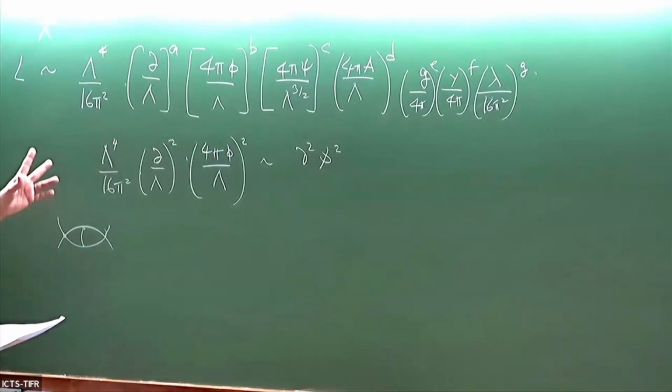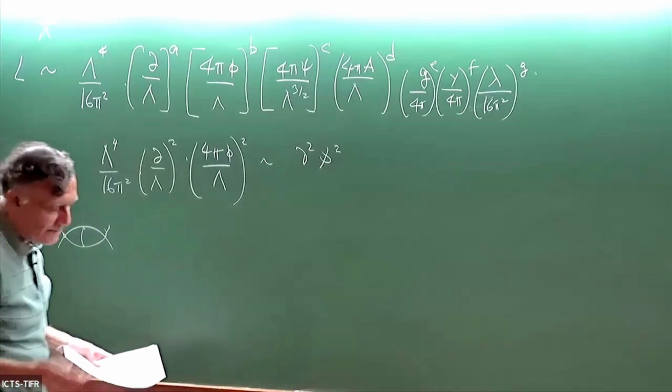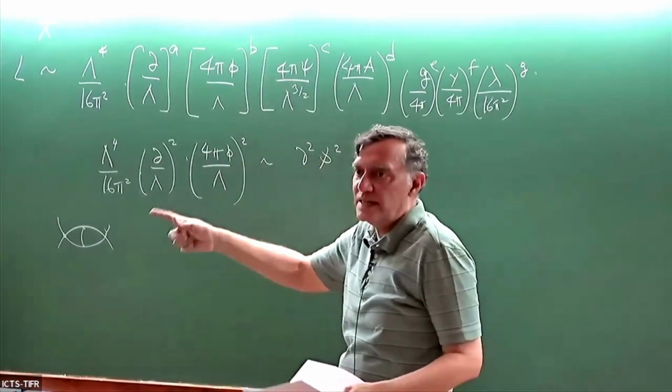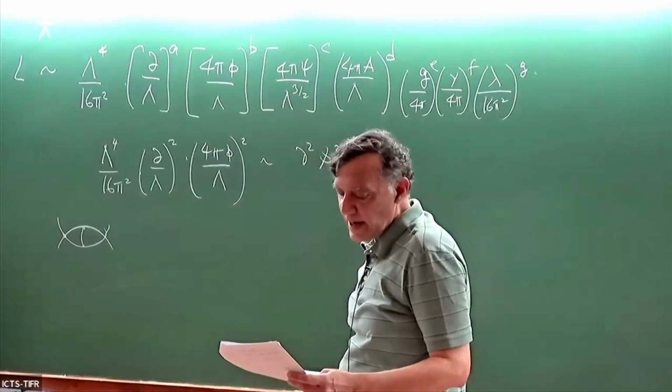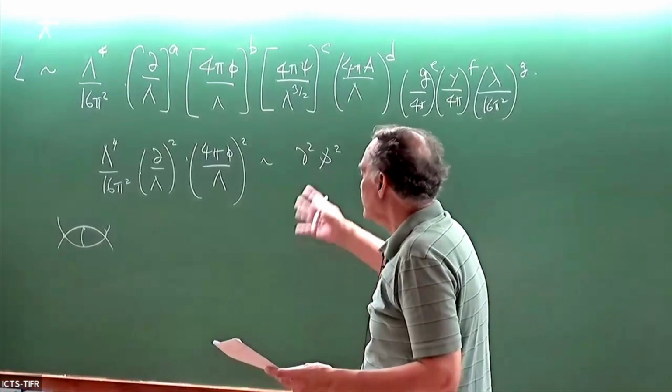You cannot have coefficients which mess this up too much, because if your coefficients were too small, then the loop graph would induce coefficients of this size, and so this is like a consistent power counting for a generic theory.